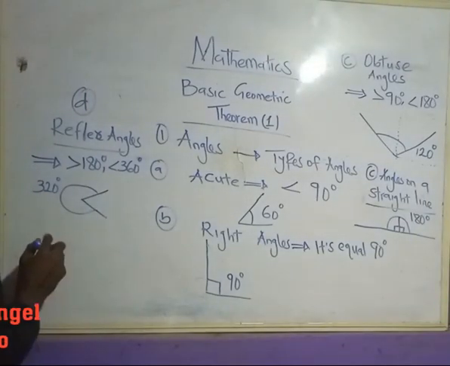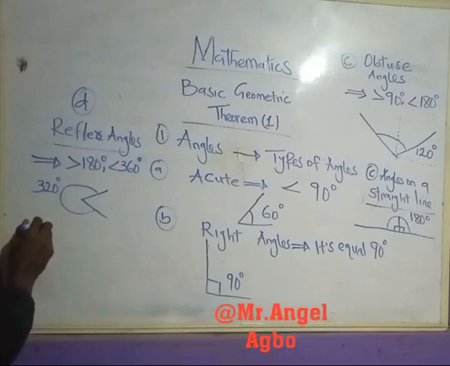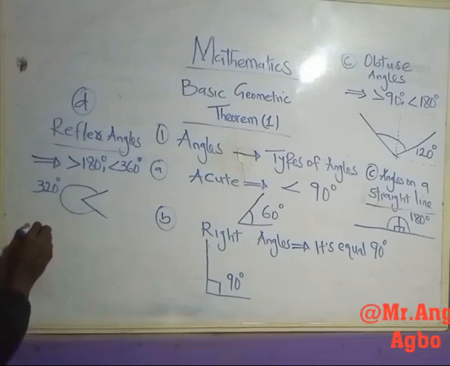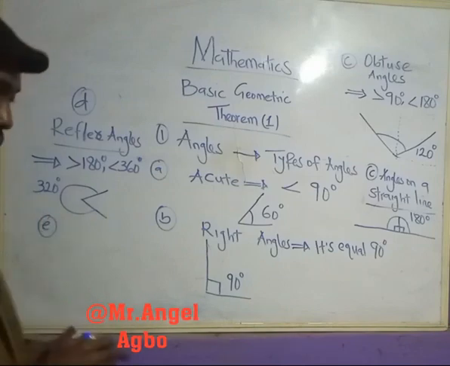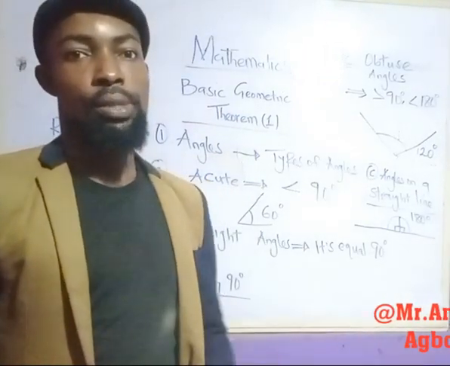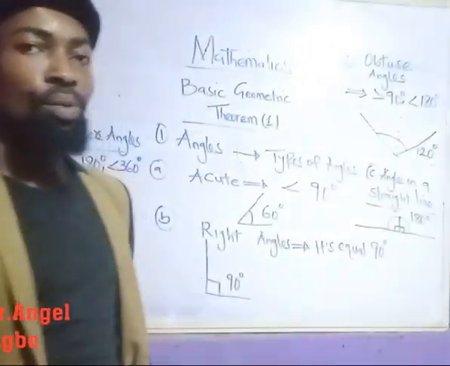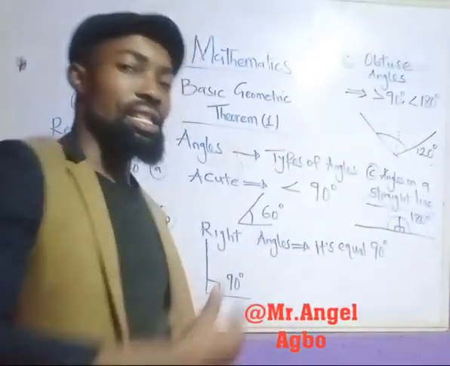The last but not the least type of angle is angle at a point. Angle at a point is equal to 360 degrees. It means that it's a circle.